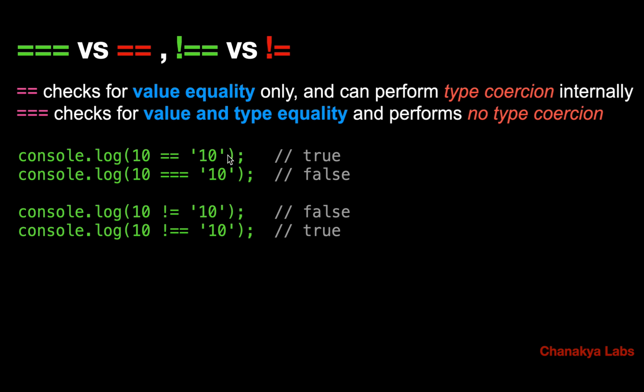That's it. But after that, never ever use it directly unless you are absolutely sure that it will give the expected outcome. Then you can use it, but at least in the beginning, when you are learning JavaScript, just forget about double equal to. Always use triple equal to.